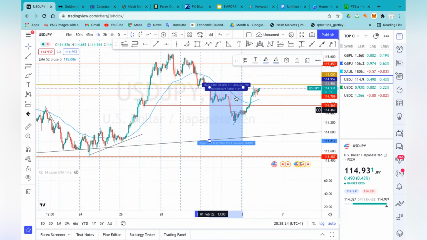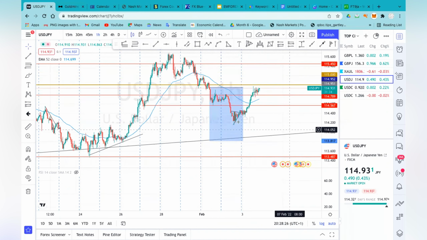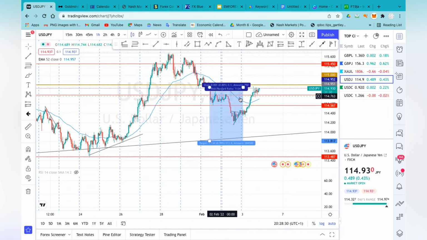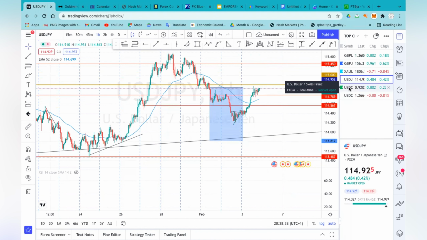So that's why it's very important to take partial profits and also move your stop loss to break even, if need be. Because you are not the owner of the market, you're not the one controlling the market, so at every point in time you should pay yourself.